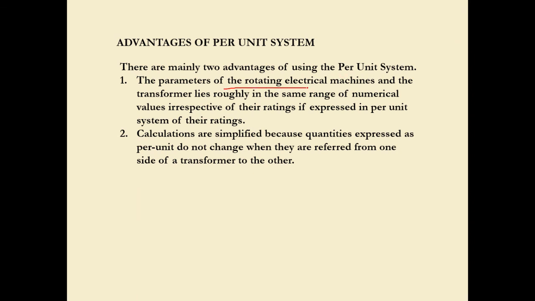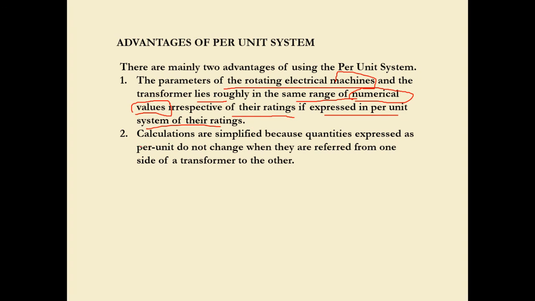First, the parameters of the rotating electrical machine, such as the coil, the impedance, the resistance and so on, and the transformer lie roughly in the same range of numerical values regardless of their rating, the V, the I, the S, etc. So the units are disregarded because we only concern the numerical values, without the units ampere, ohms, volt, watt, VA, etc., if we express in the per unit system.